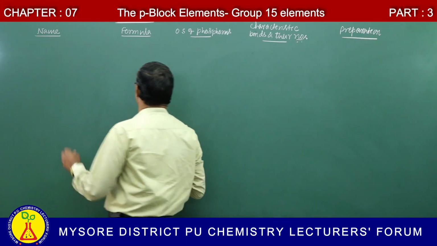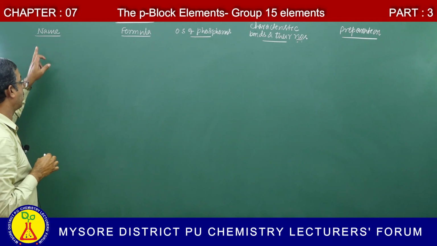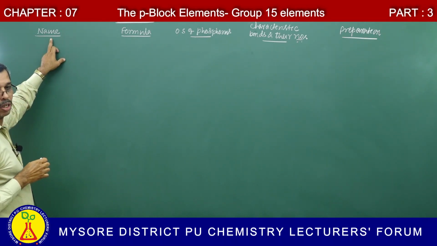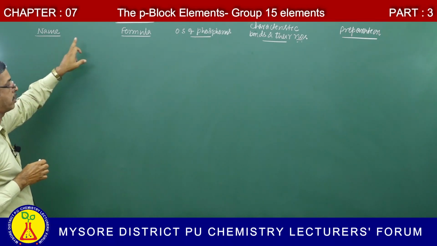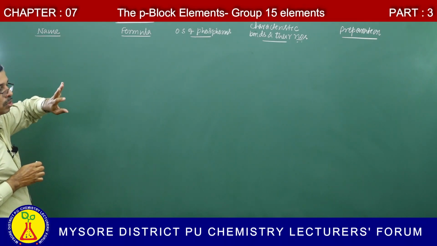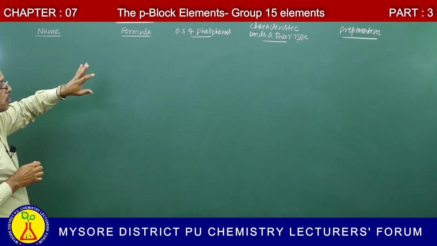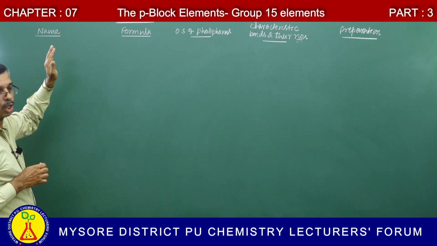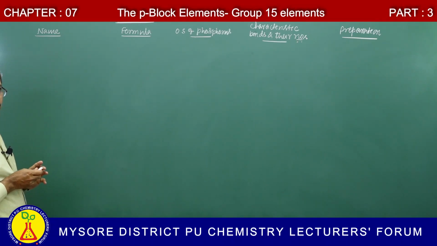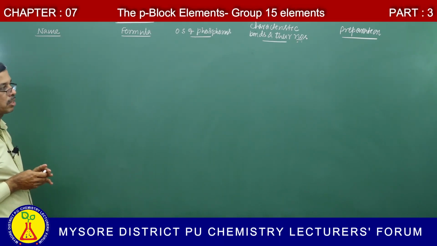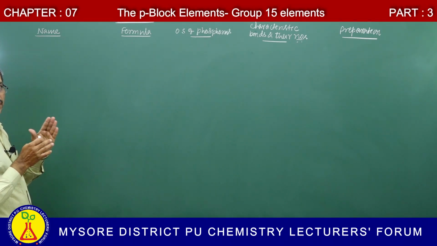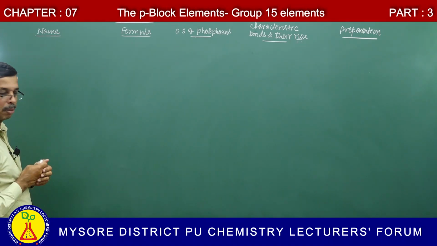So, now let us look at the names of some important oxoacids and their formulas, oxidation state of phosphorus in the oxoacids, characteristic bonds and their numbers, and the important methods of preparation.